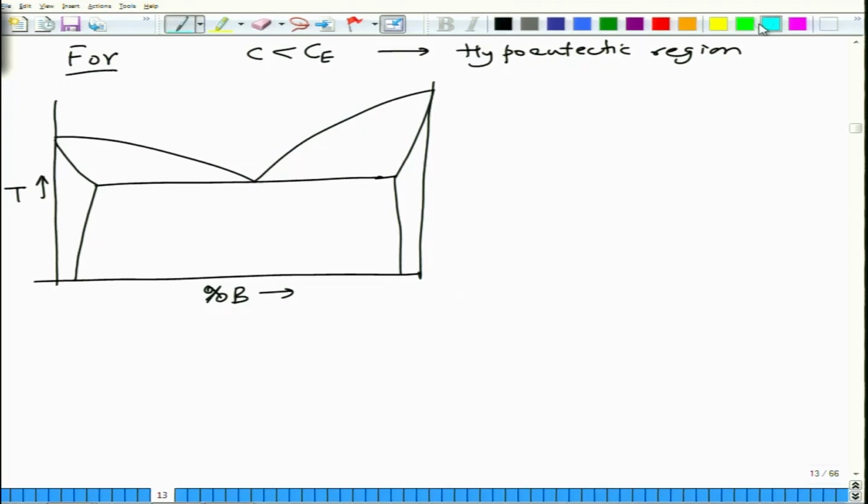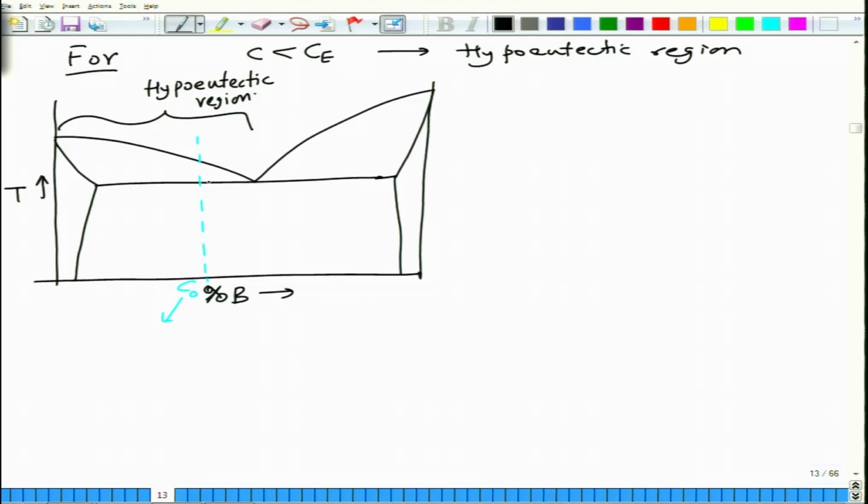Now we are at a composition, C naught. This region is called the hypoeutectic region.